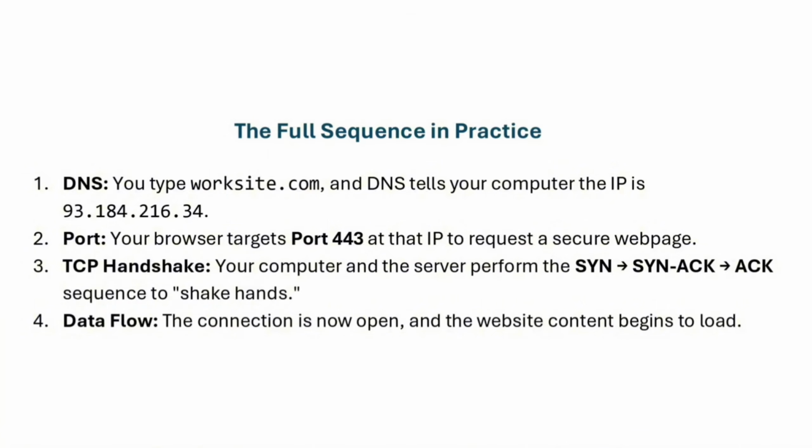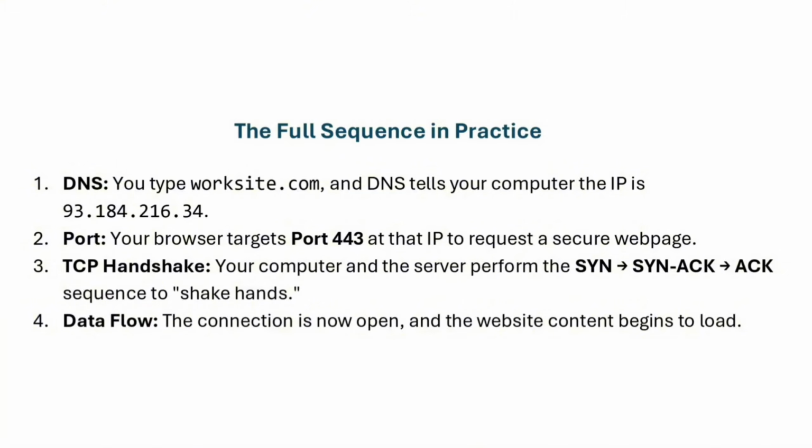That means 93.184.216.34 is not exactly your website or your landing page. Your landing page is exactly at port 443. It would be something like 93.184.216.34:443 to enter your web page.